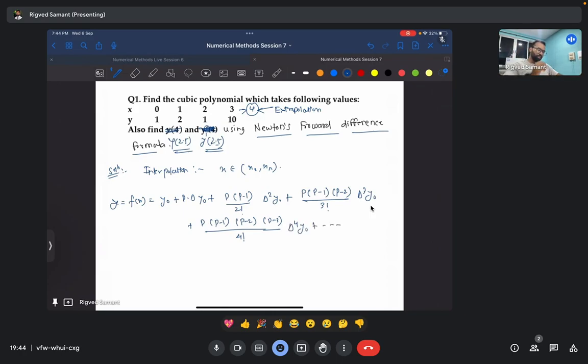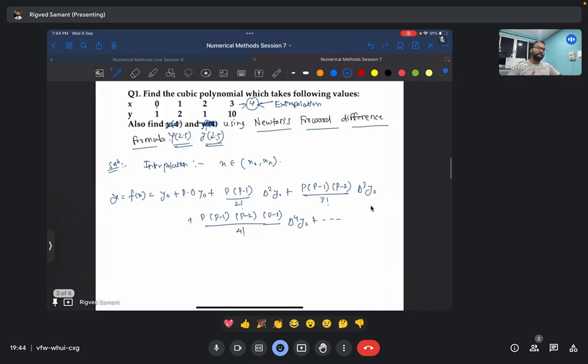It will go till infinity. Where to stop depends on the number of data points you have. So first we will construct our Newton forward difference table, and from the table you will easily understand the stopping criterion. It is usually n minus 1. We'll see what I'm talking about.